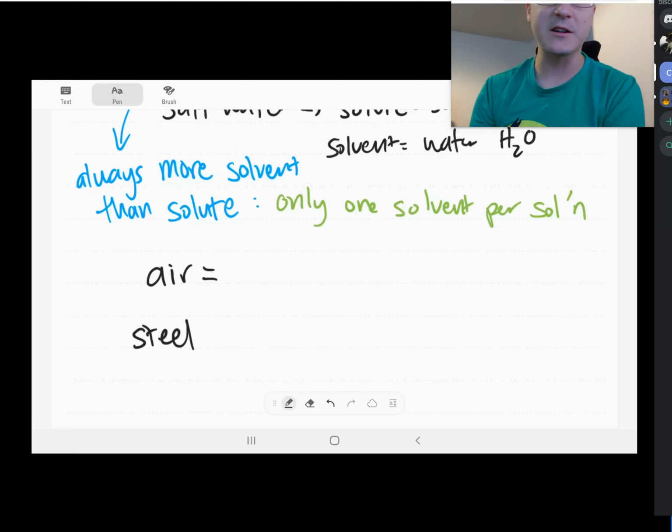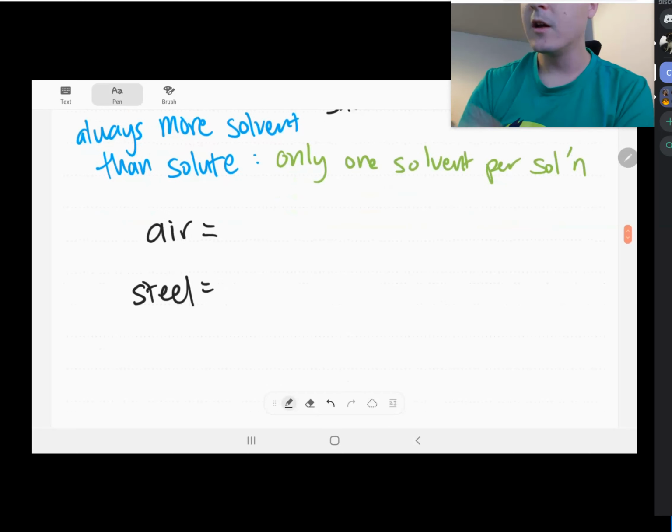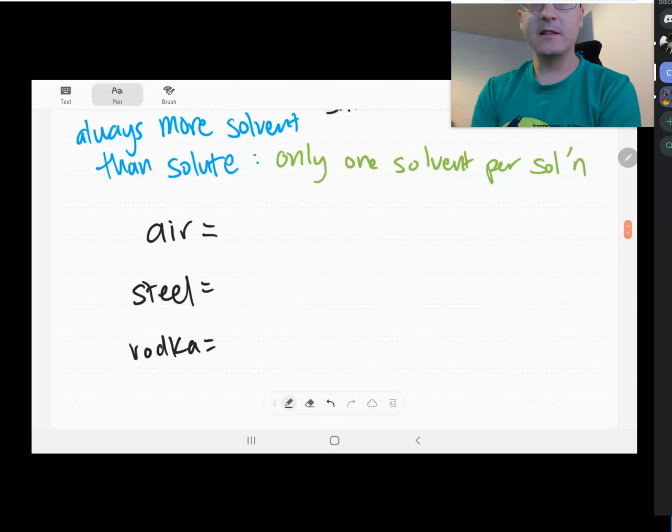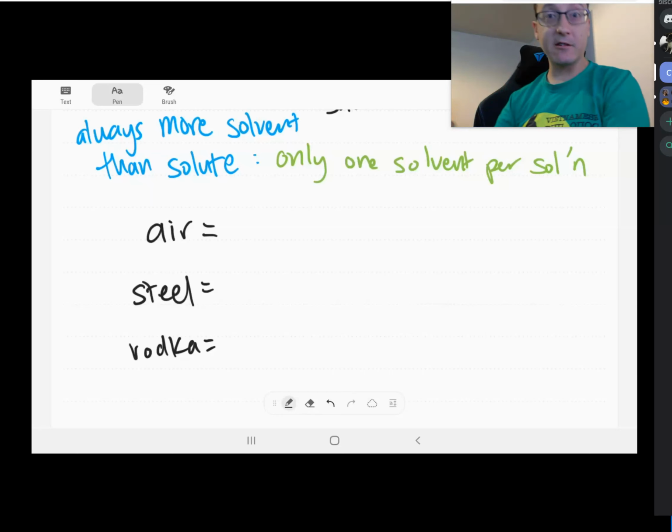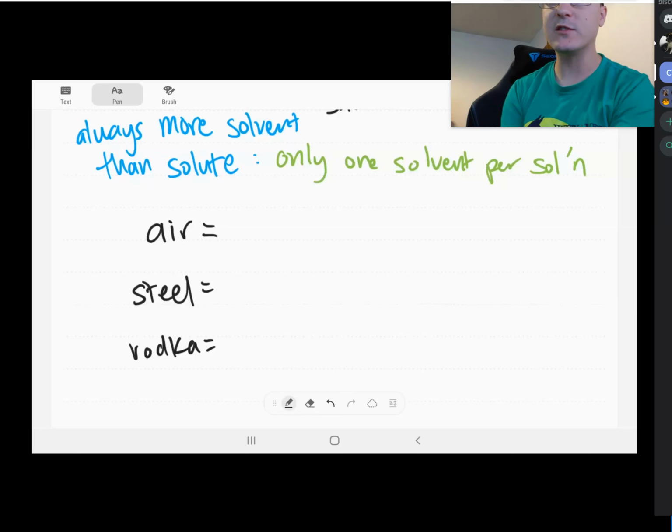So, for example, here's a gas one, air, and a solid one, like steel. Another one, let's say we have, how about vodka? These are all solutions. We're going to take a look at their components and try to figure out what the solvent is and what the solute or solutes are.